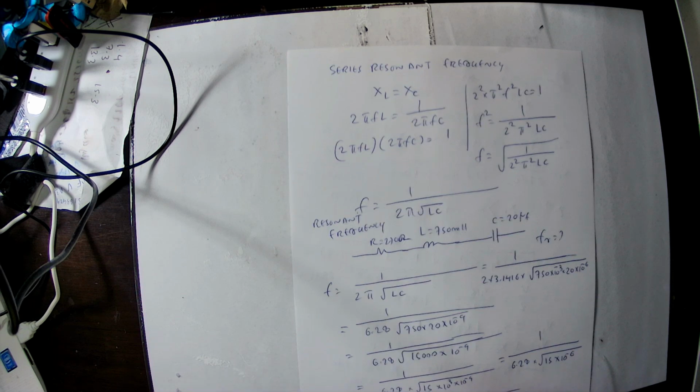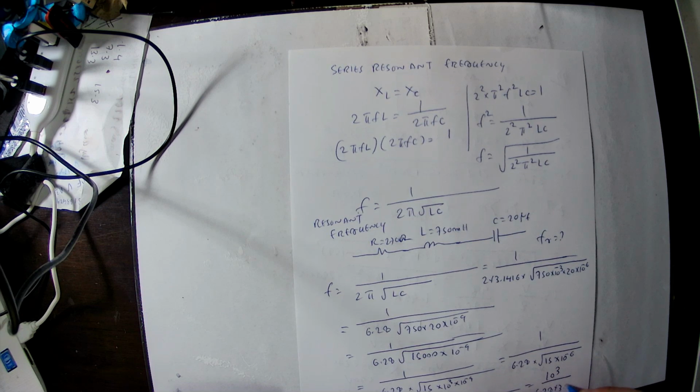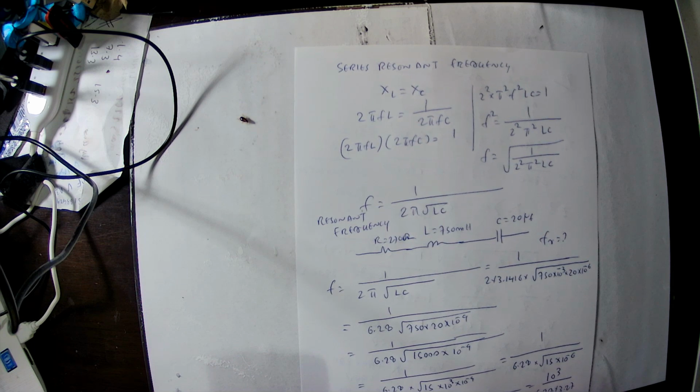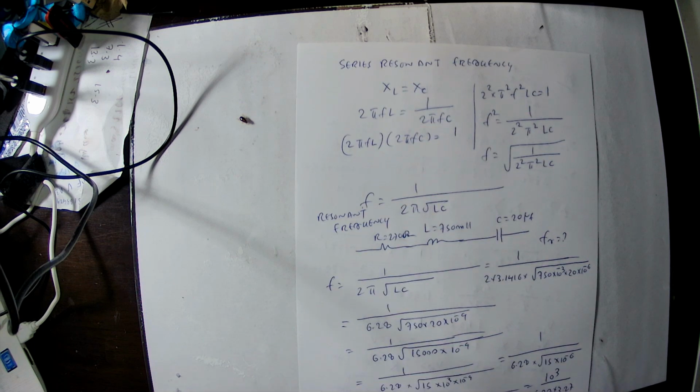So therefore, 10 power 3 divided by 6.28 into 3.87. So 1000 divided by 6.28 divided by 3.87. So we got 41.14 hertz. So this is the resonant frequency, it's 41.14 hertz. We calculated. So this is how the resonant frequency can be calculated.